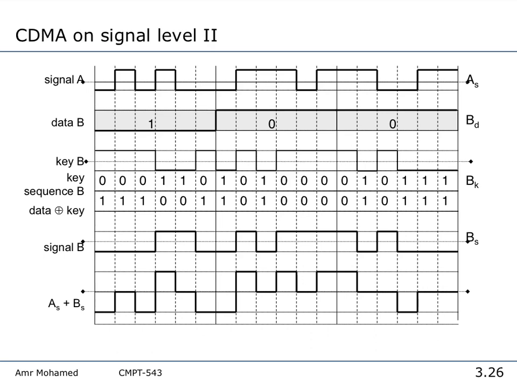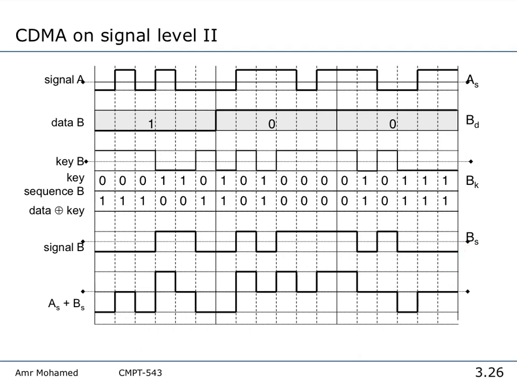So remember, this is the signal from A. And here we have B, and B here sends 1 0 0. And this is the code from B. This is BK. So when we multiply BK by data from B, this is what we get as BS.